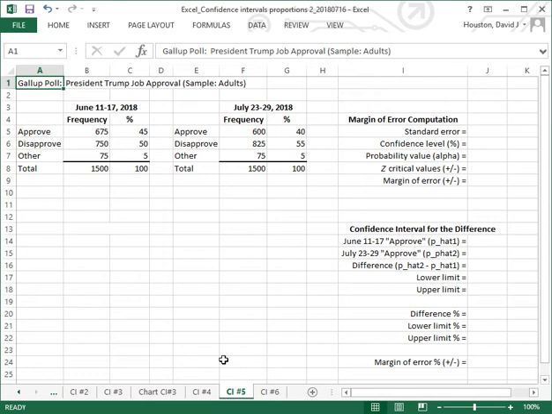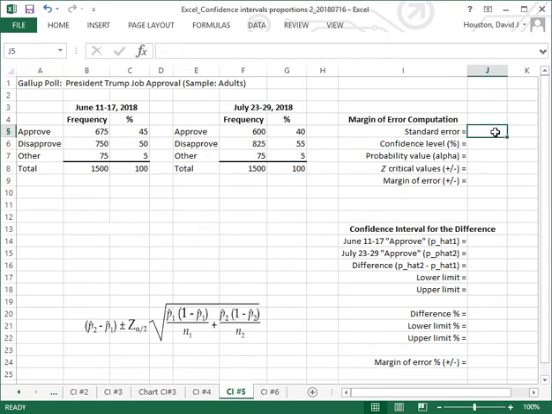Does the 40% approval when compared to 45% approval indicate a substantial change in attitudes? So let's first compute the proportion of respondents in each of these two time periods that indicated they approve of Trump's job performance.